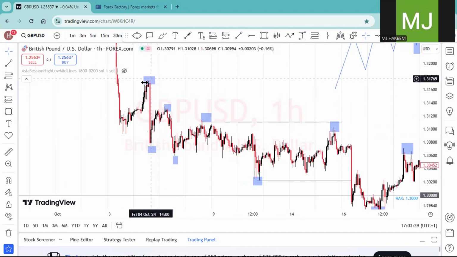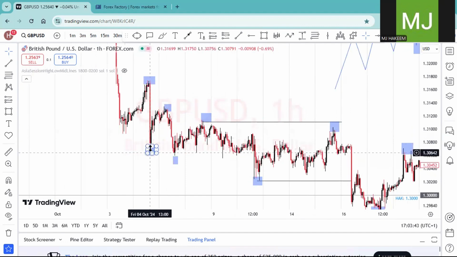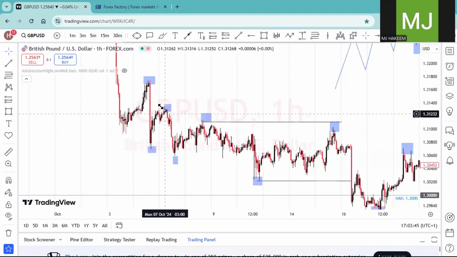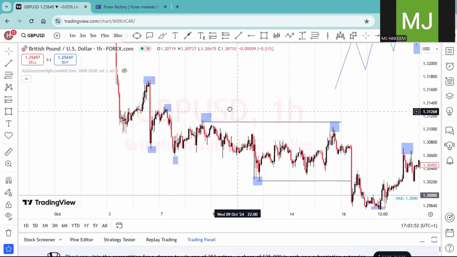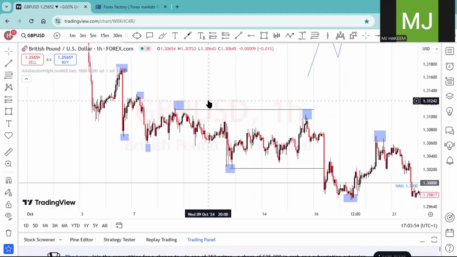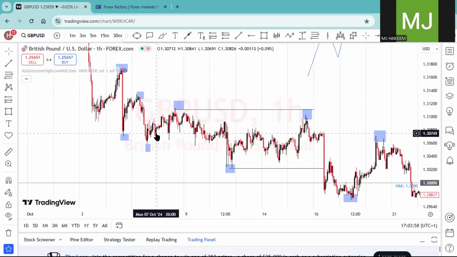Your lower high should be able to break a low to form a new lower low, right? And also for you to have a new lower high, it should be able to break the last lower low that was formed. Okay. The same thing for you to have a high as a new lower high, right? It has to retrace at least up to a premium level of your Fibonacci, right?